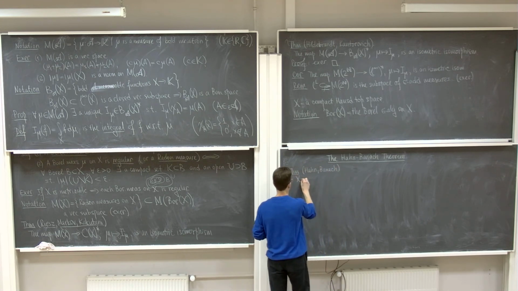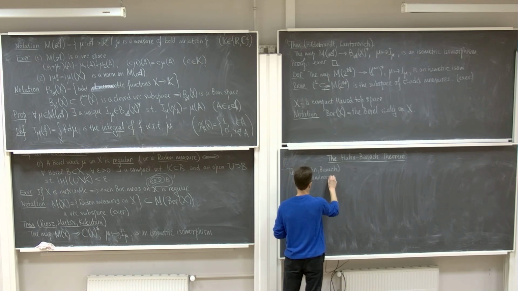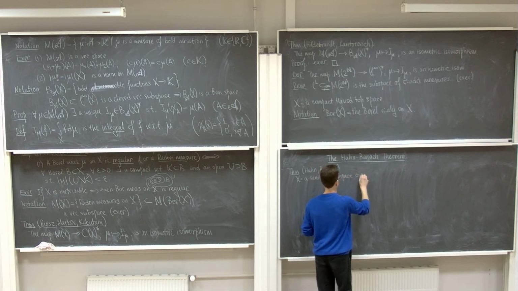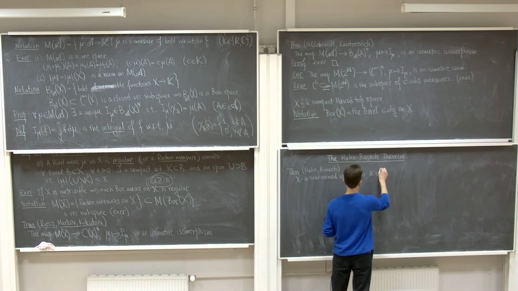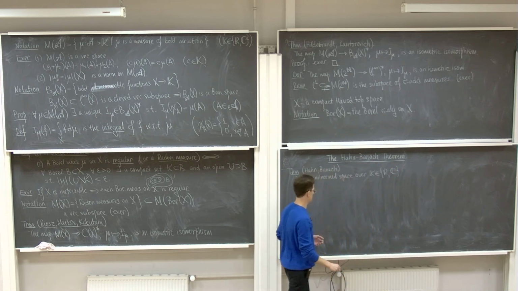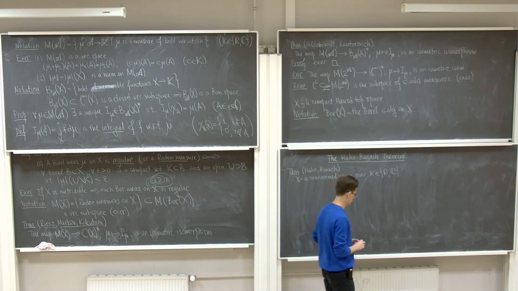Suppose that X is a semi-normed space, as usual over the field of real or complex numbers. Actually, we will use this theorem only in the case where X is a normed space. But I'll prove it in a slightly more general case.